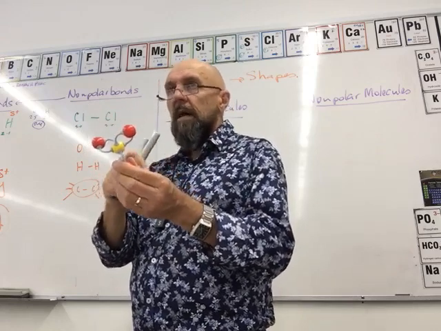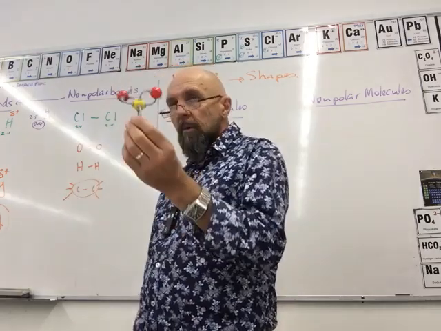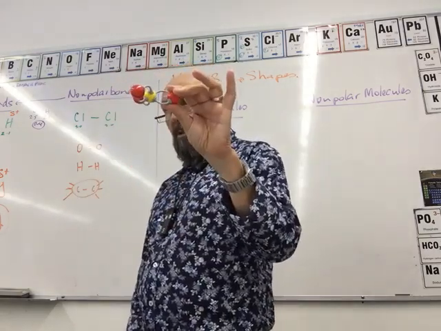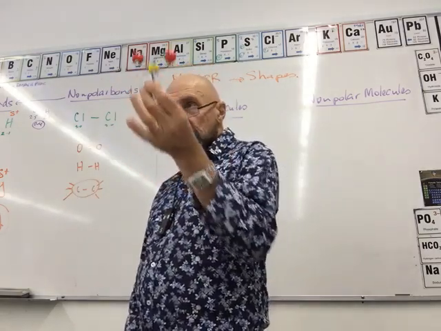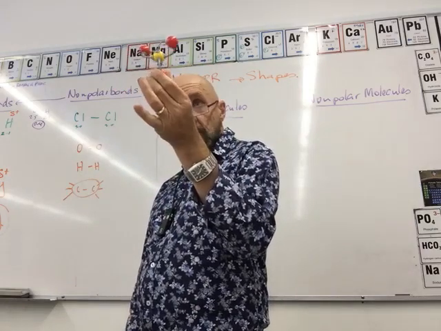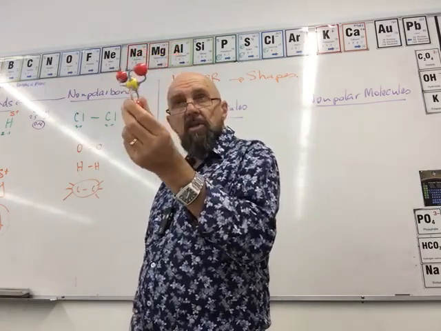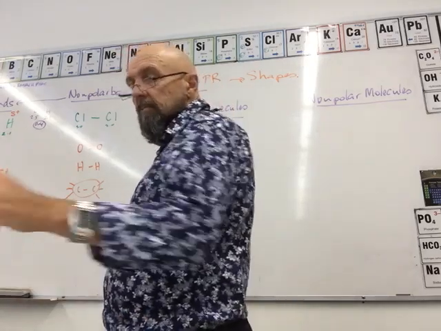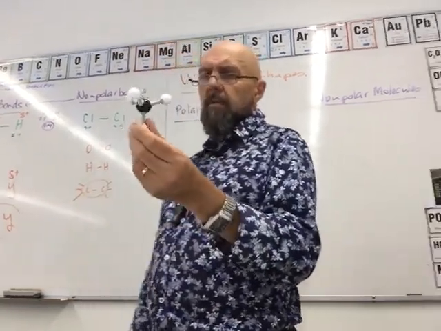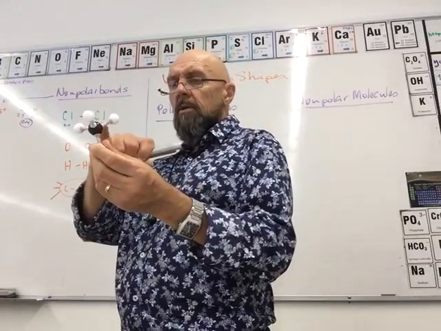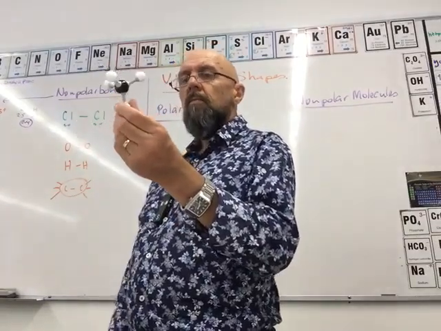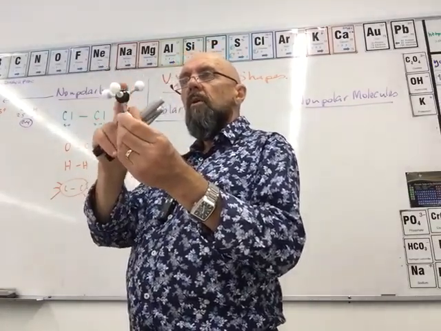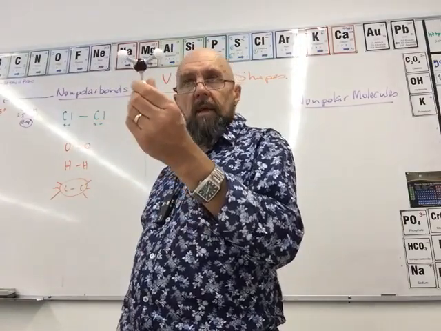And so the furthest apart these electrons can be is 120 degrees. It also happens to be planar, so it's going to be a flat molecule. That's something to do with valence shell electron pair repulsion. So that determines the shape. Methane, for example, is a tetrahedral shape. Same thing. You've got carbon and hydrogen, we've got 4 equal bonds, and these bonds repel to be as far apart as they possibly can be.